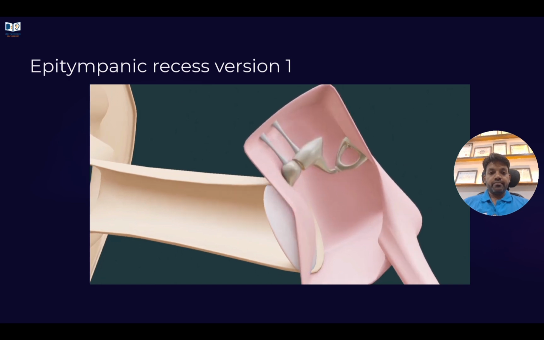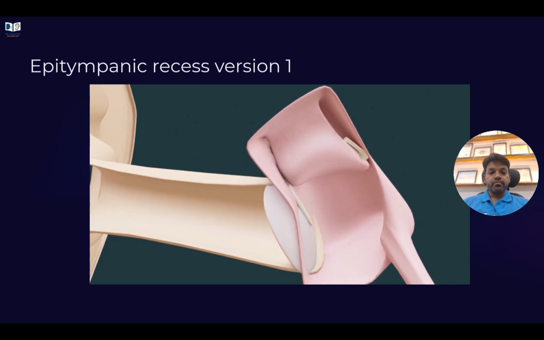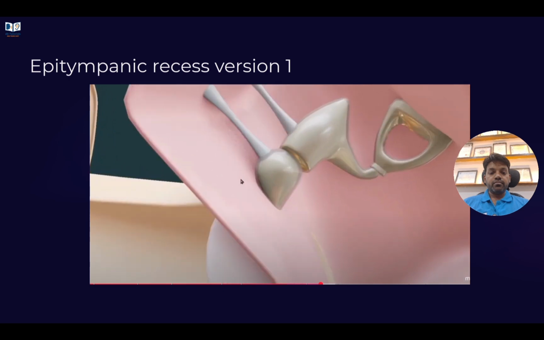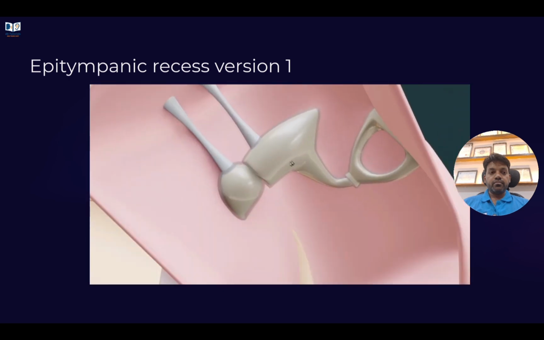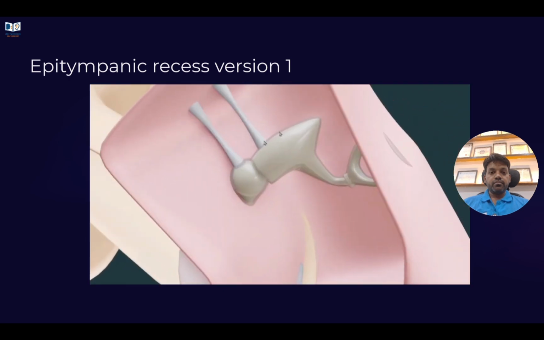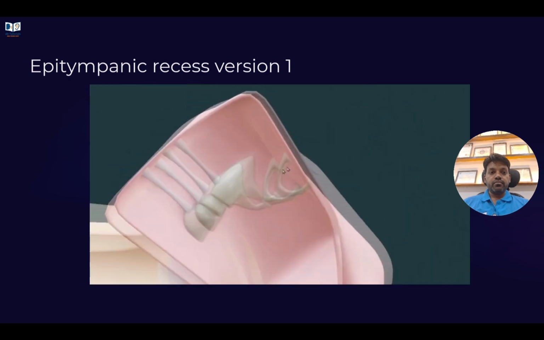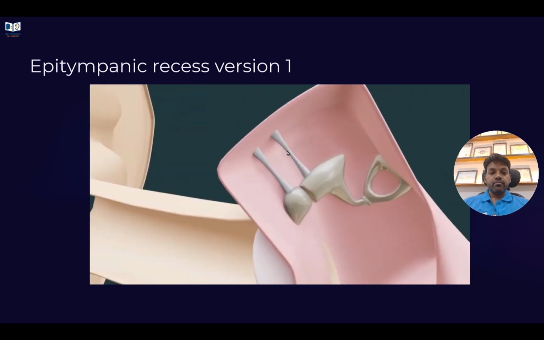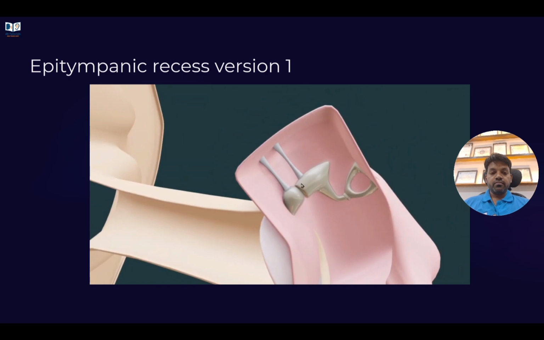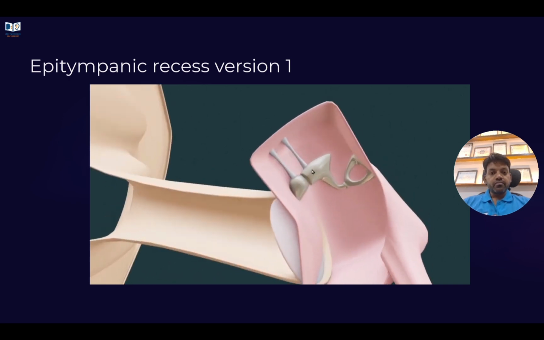As it engulfs these bones, most of it will ultimately be lost, and some part of it will form the coverings of these bones. So these bones are internally lined by this epithelial layer. Along with that, some ligaments keep these bones in position within the tympanic cavity, allowing slight movement, but somehow keeping them fixed.